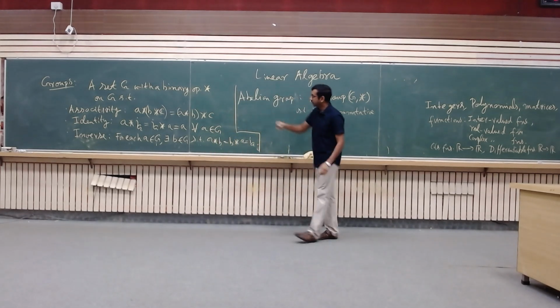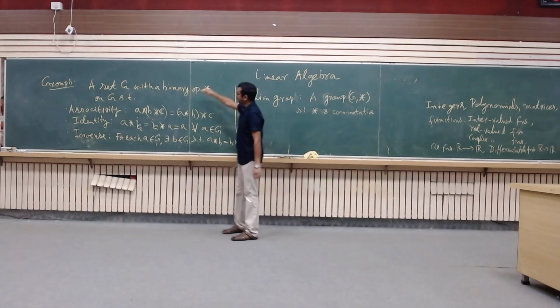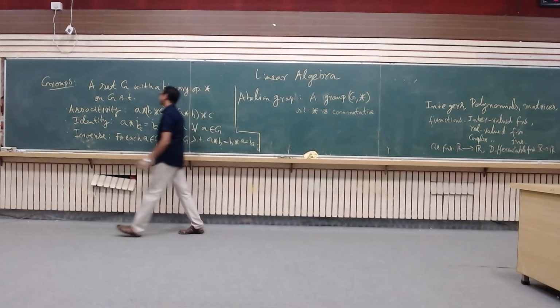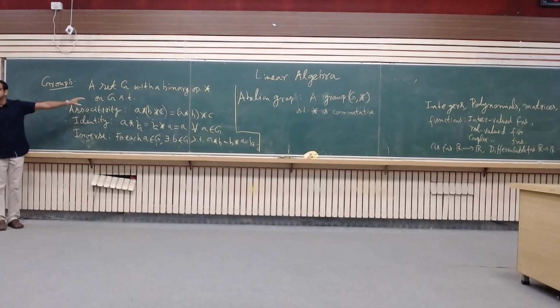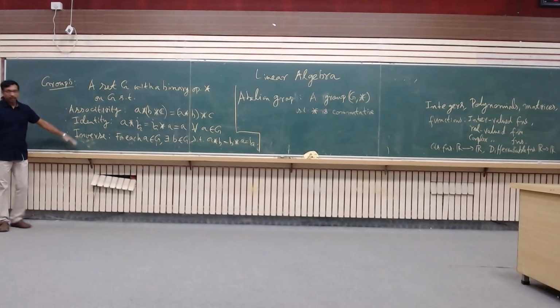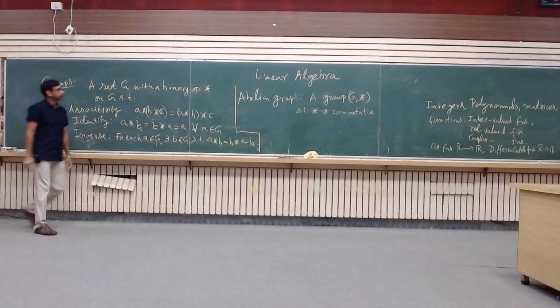Now, we said that there are structures which are more basic. For example, take a group and consider only the first assumption, that is the associativity. Suppose we don't have the rest.